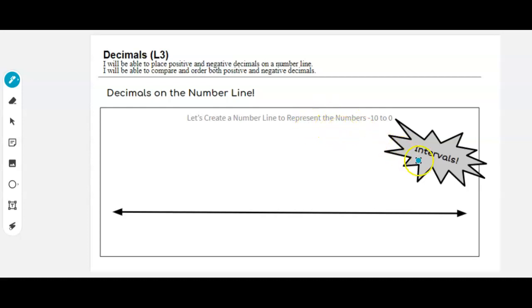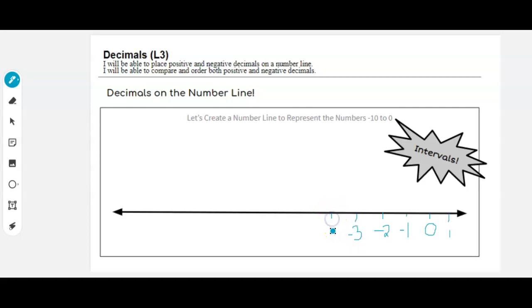All right, so I need this one to be from 0 to negative 10. So I'm going to start with 1 because I like to have both positive and negative just to know where I'm at. Okay, negative 1, negative 2, and you're drawing this on yours as well, okay?